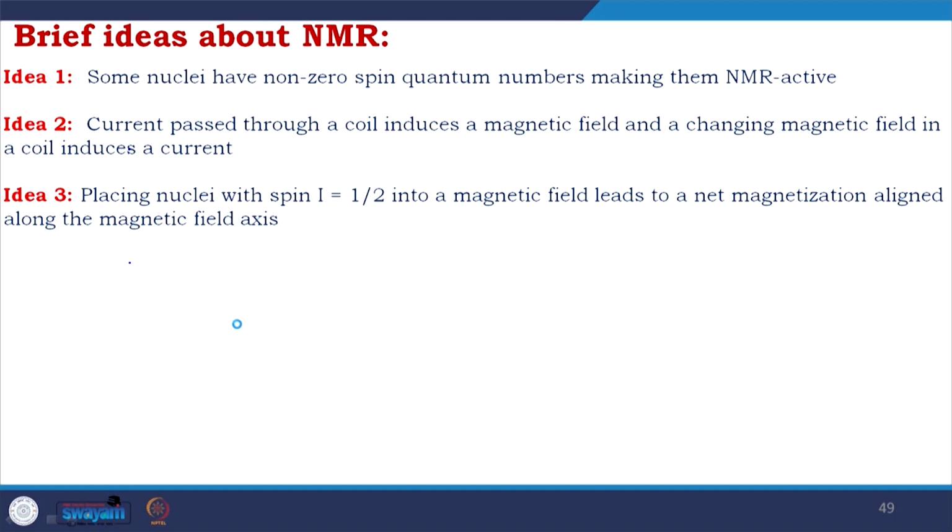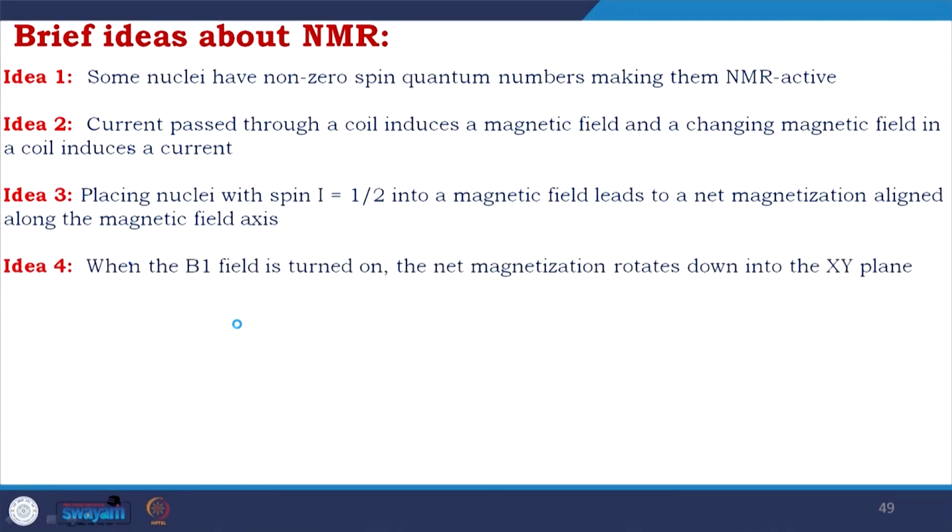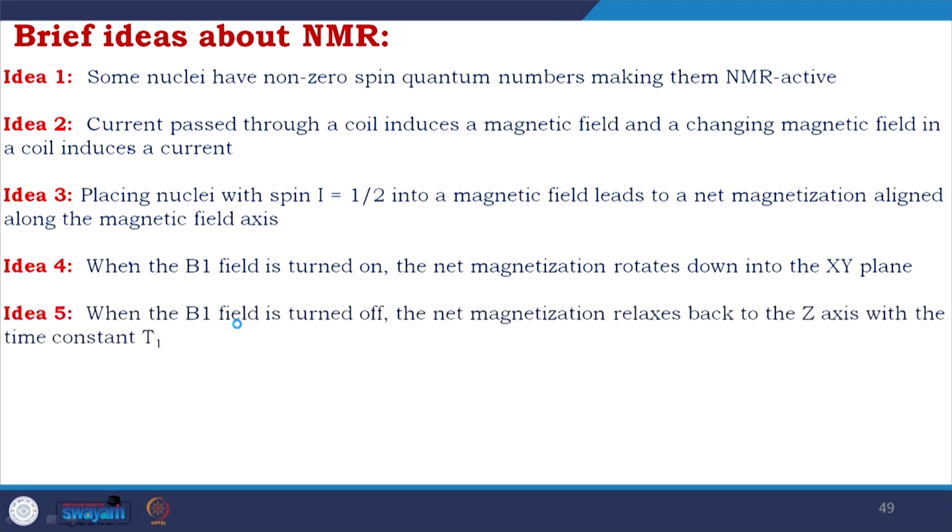Placing nuclei with a spin I of half, such as proton and carbon, into a magnetic field leads to a net magnetization aligned along the magnetic field axis. When the B1 field is turned on, the net magnetization rotates down into the xy plane. When the B1 field is turned off, the net magnetization relaxes back to the z axis with the time constant T1.